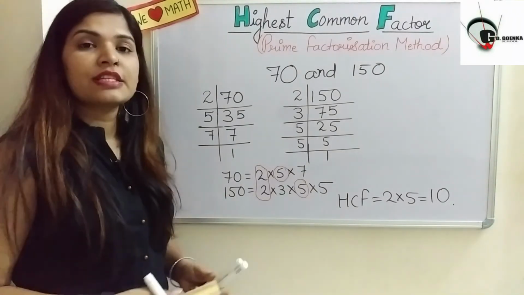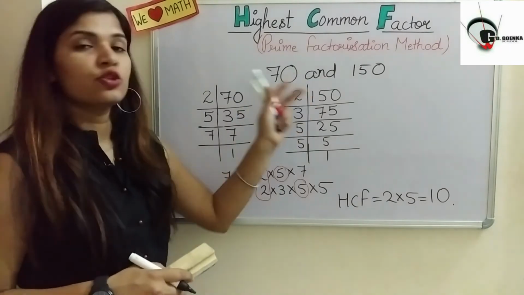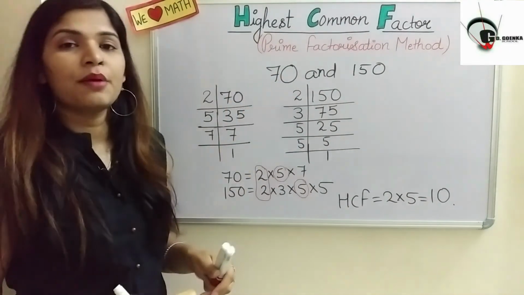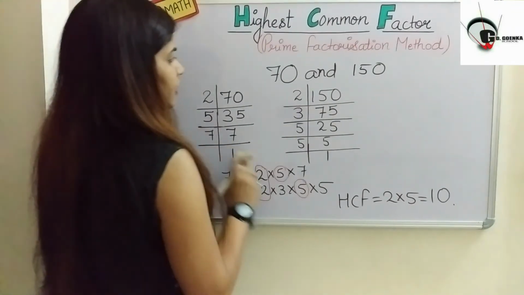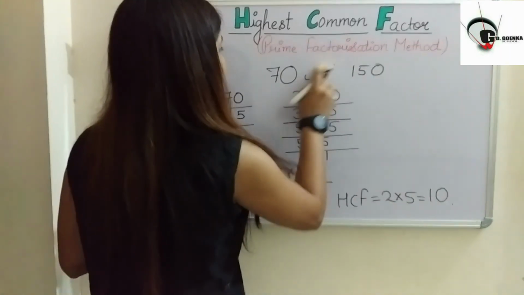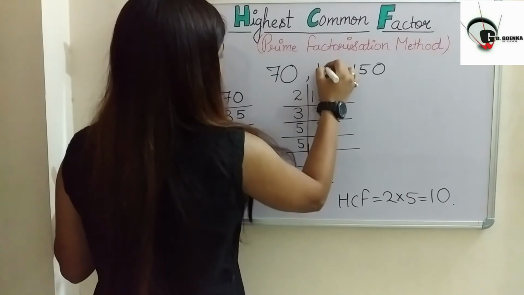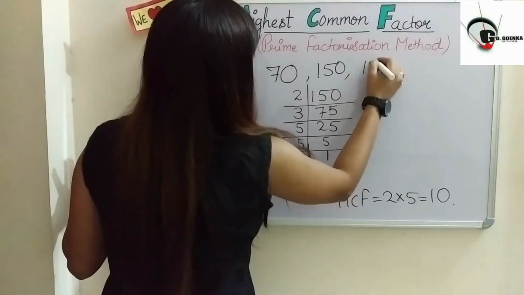Now the same procedure will go with 3 numbers as well. Here we took 2 numbers, but for calculating the HCF of 3 numbers we'll use the same method. Let us see how. If I take one more number along with it, 70, 150 and then 180.